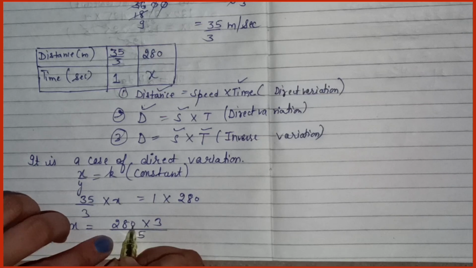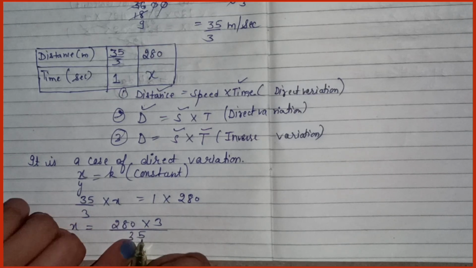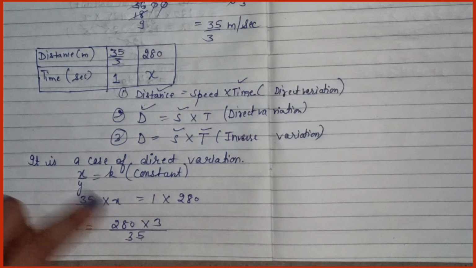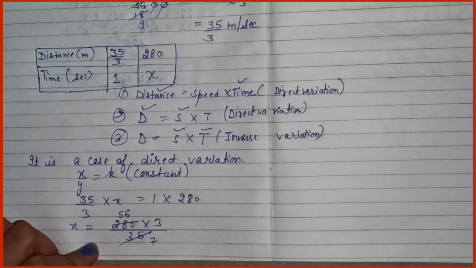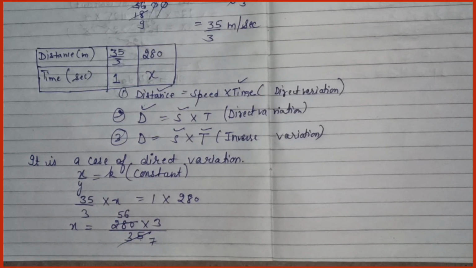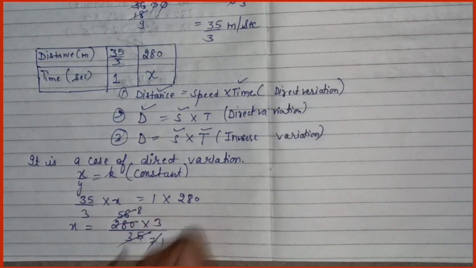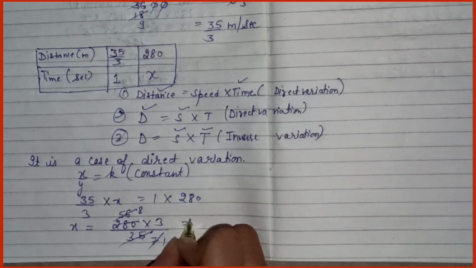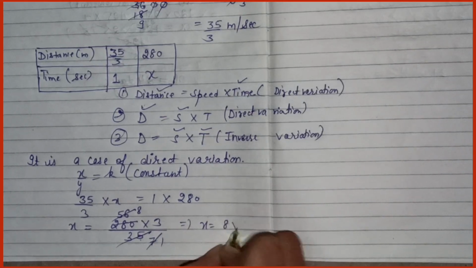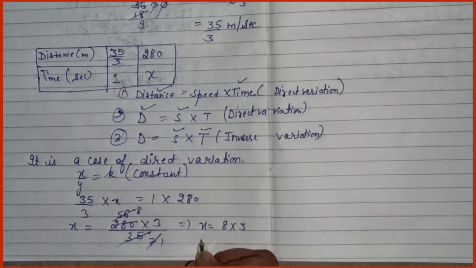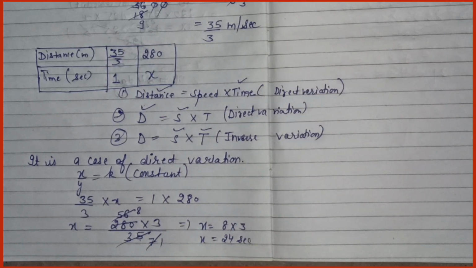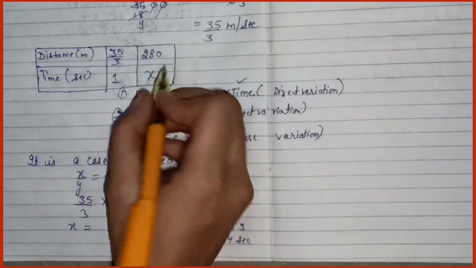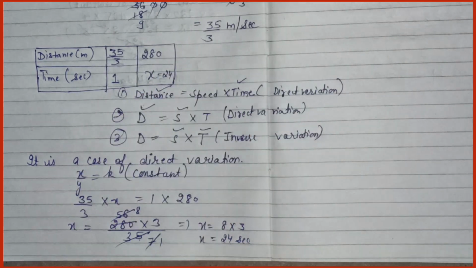Here 0 is in the upper number and 5 is in the lower number; both are divisible by 5. 5 7s are 35, 5 5s are 25, 5 6s are 30. From here, 7 1s are 7, 7 8s are 56. Then x is equal to 8 multiplied by 3, which is x equal to 24 second.